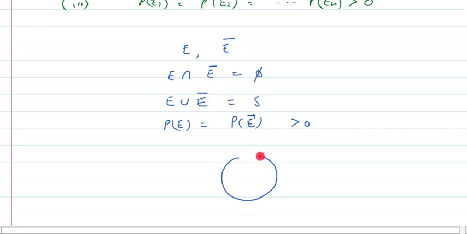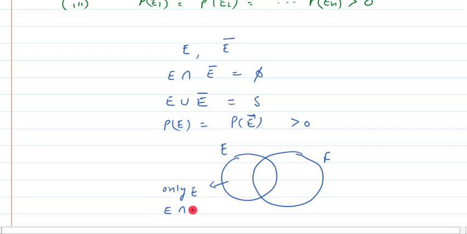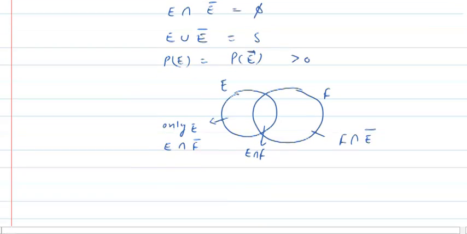Or you can take more examples. These are the two events E and F. This portion is only E, or you can write it as E intersection F naught. This portion is E intersection F, and this portion is F intersection E naught. This Venn diagram I explained in my previous video as well.